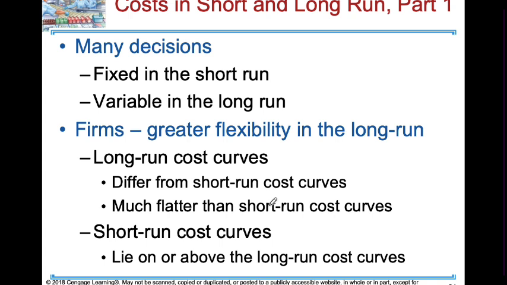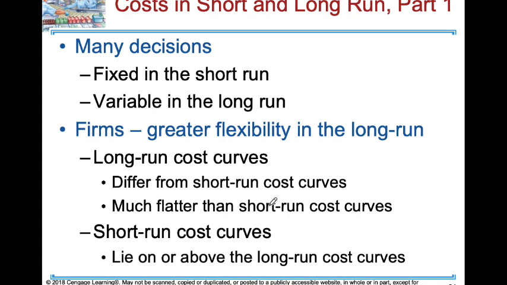So, for example, if having a factory is a fixed cost, in the short run, sure, it will cost you $3. But in the long run, maybe you can add another factory into the mix, and that would therefore then become a variable cost.